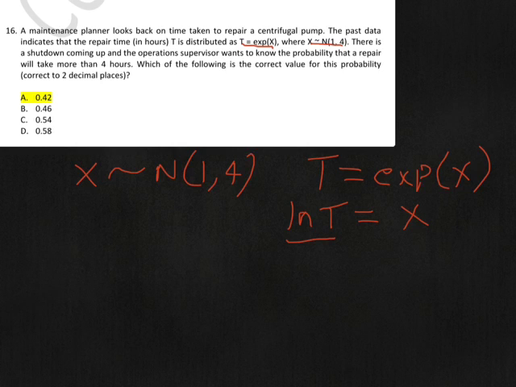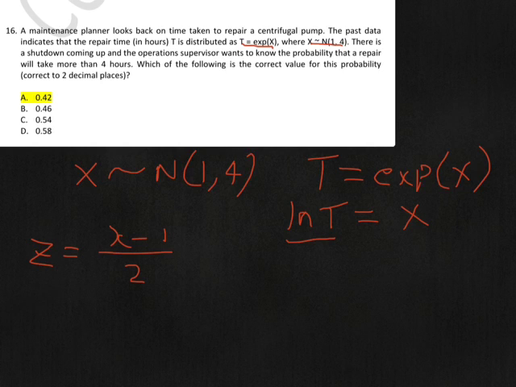So for a normal distribution, we're trying to find a z statistic, and it's equal to whatever our value is, little x, minus 1, which is the mean, divided by the square root of 4, which is 2.